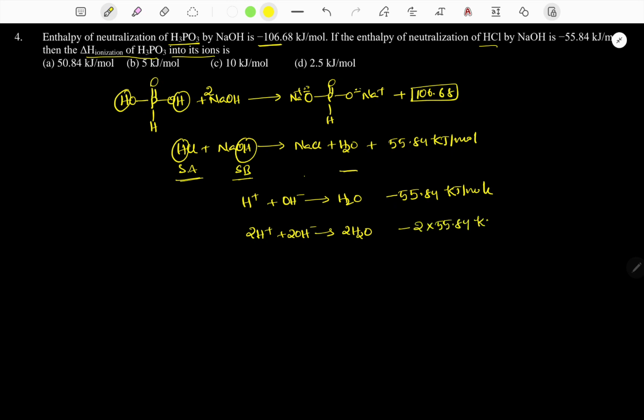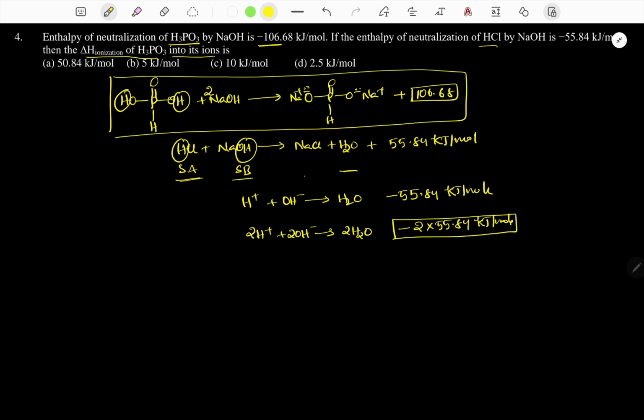55.84 kilojoule per mole. So if 1 mole is 55.84, how much should be released for 2 moles? Okay, so this should be released. But for H3PO3, the amount released is only 106.68.